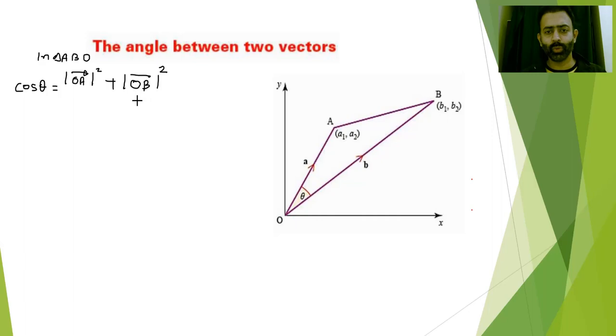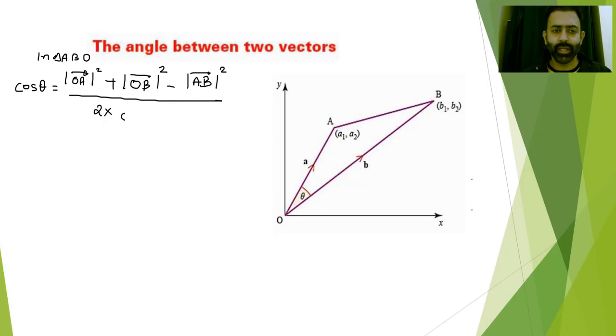These are the two sides which contain this angle theta. So a square plus b square means magnitude of OA square plus magnitude of OB square, minus the third side, magnitude of AB square, divided by twice the multiplication of the sides which contain this angle theta, again OA mod into OB mod. So this is your cosine rule.